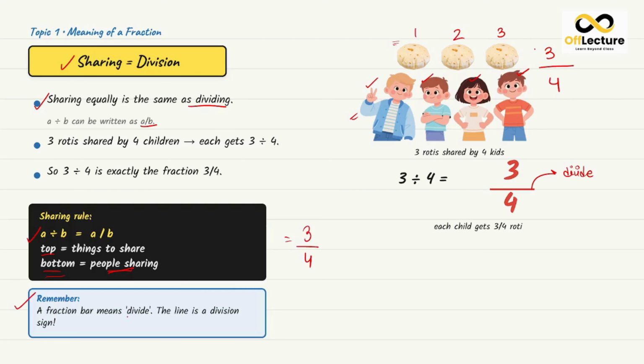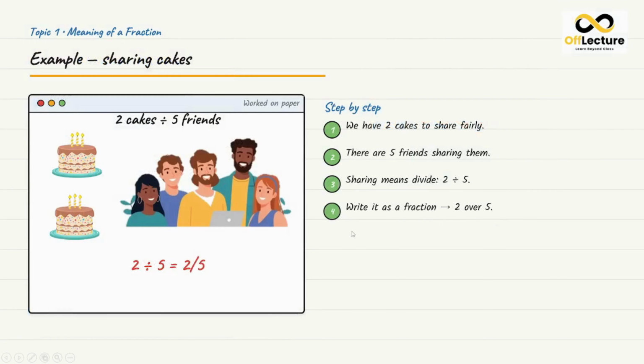So let's understand with an example. Sharing 2 cakes among 5 friends. Let's say we have 2 cakes. This is the first cake and this is the second cake. And we have 5 friends. So we have 2 cakes which we have to share fairly. That is, we have to divide these 2 cakes among all 5 friends.